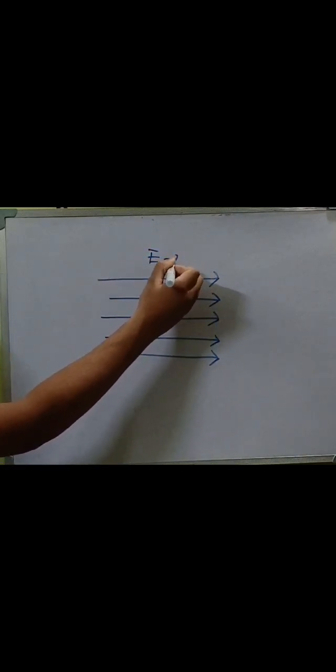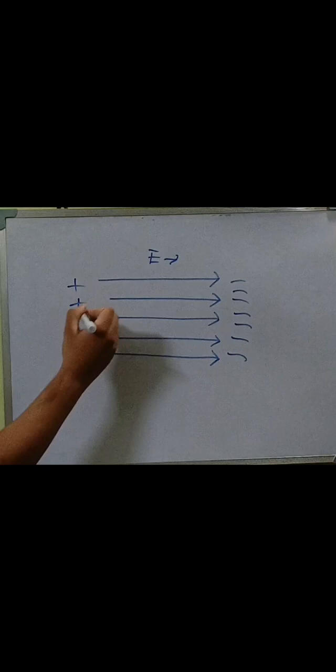You see that these electric field lines are in this direction, right? They are going to terminate somewhere. As I said, they terminate at a negative charge. So that means in this direction there is some negative charge, and you see they are coming from this direction, and as I said, they originate from a positive charge. That means there is some positive charge here.